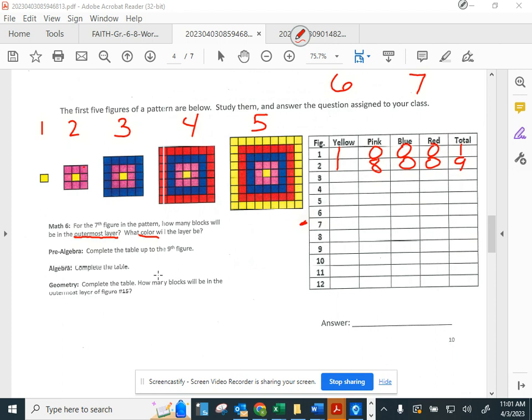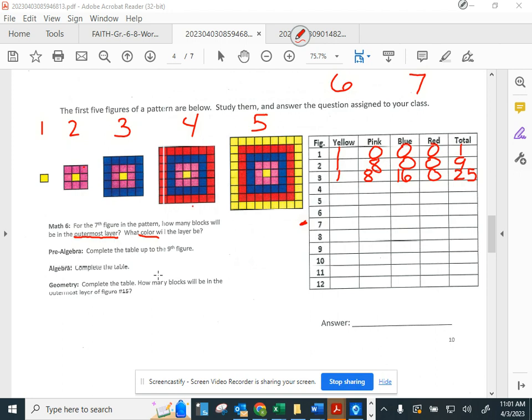So now if we look at figure 3, we still have 1 yellow. Those 8 pinks. How many blues do we have? Nolan? 16 blues. Still no reds. So how many total? 25.